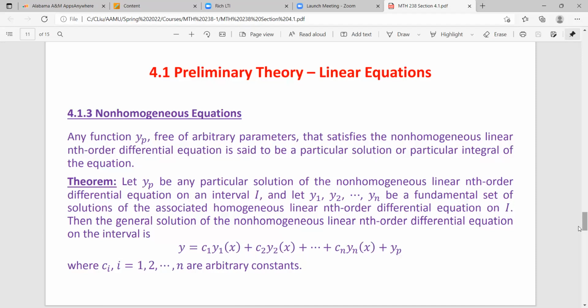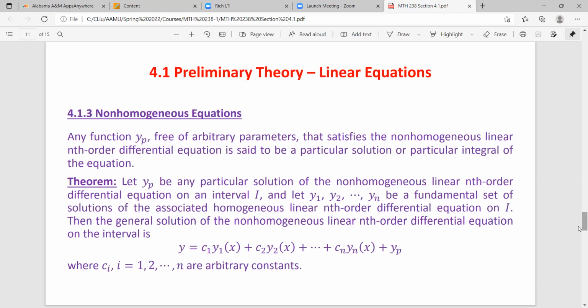If we can find such a yp, then we call this function yp a particular solution of the non-homogeneous equation. So then using the particular solution, we can find the general solution to the non-homogeneous equations. Remember, yp is just one of the solutions of the non-homogeneous equation, but we need to find the general solution, or all the solutions, of the non-homogeneous equation.